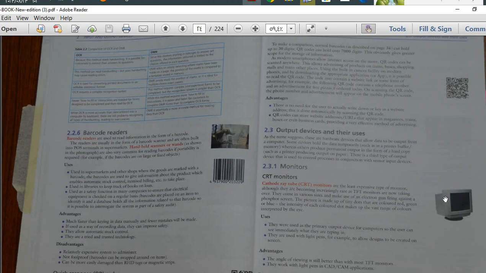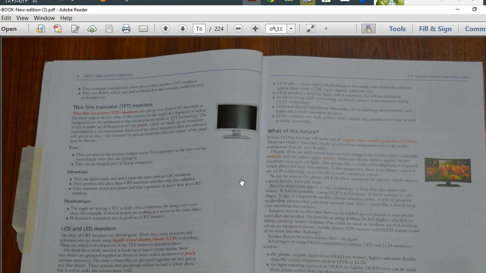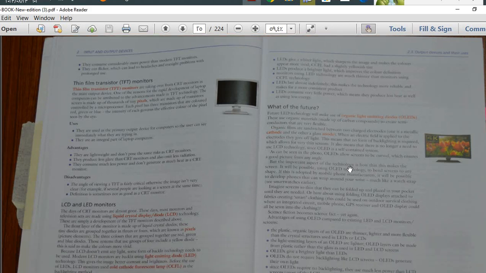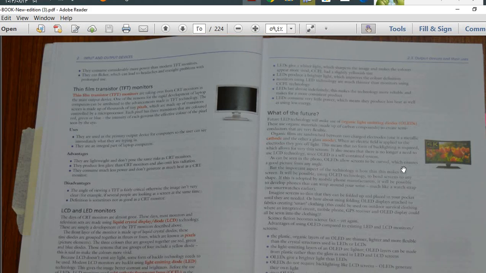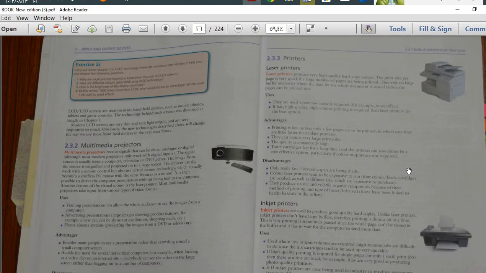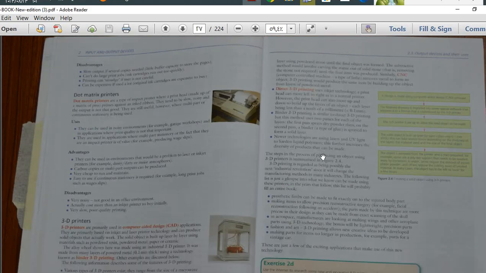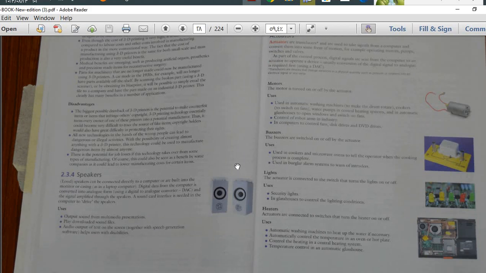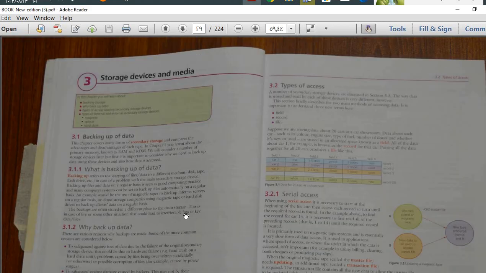The output devices like monitors. Look at this one. And printers. We will talk about printers and the types of printers, speakers.